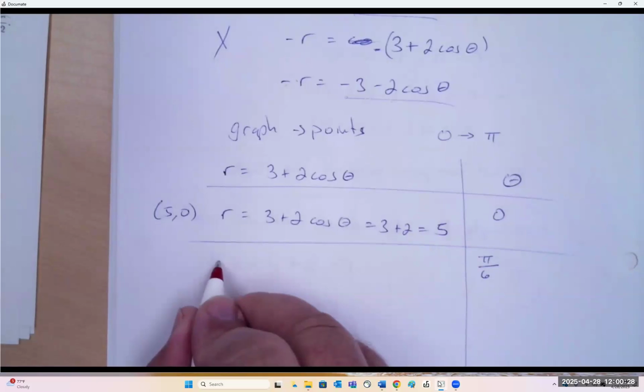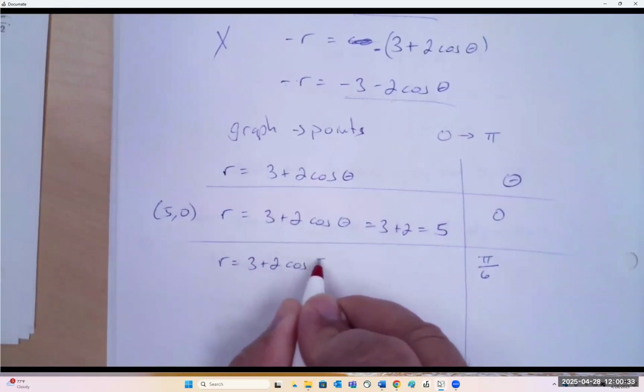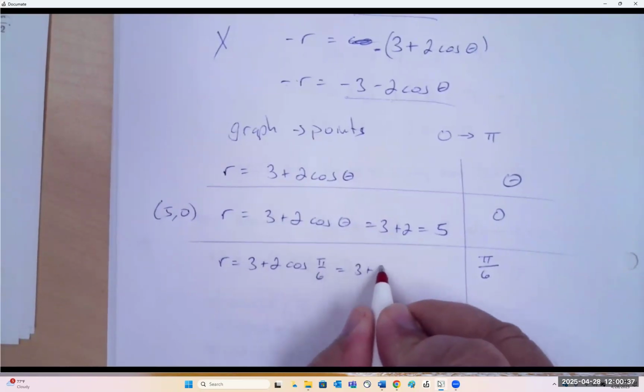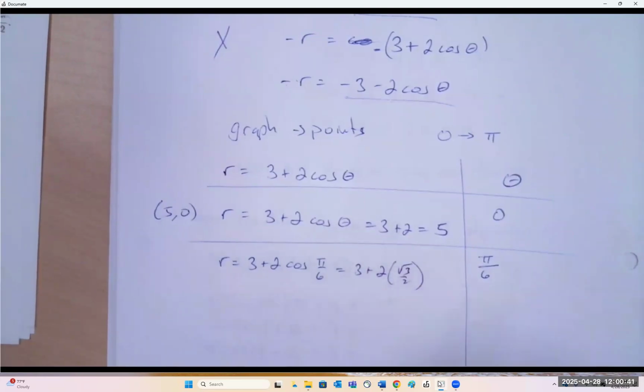Pi over 6. 3 plus 2 cosine pi over 6 is 3 plus 2 radical 3 over 2, which is 3 plus radical 3.